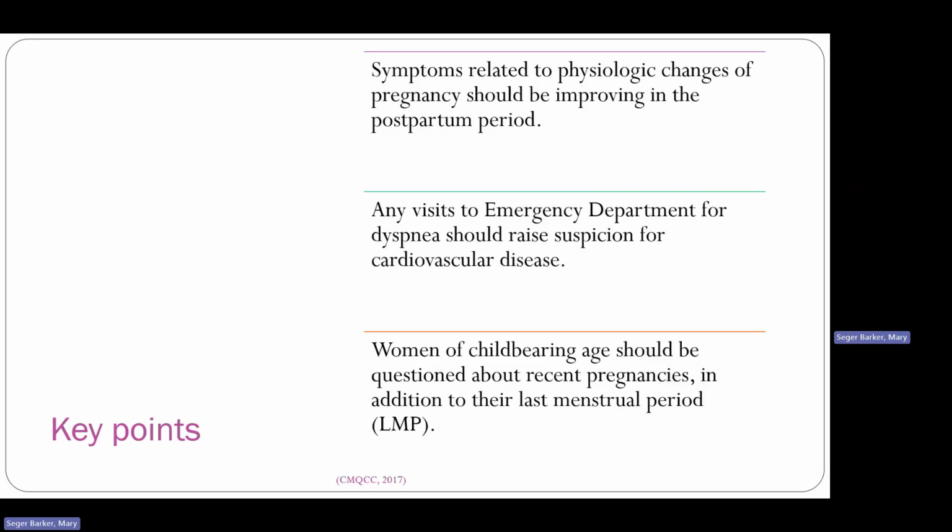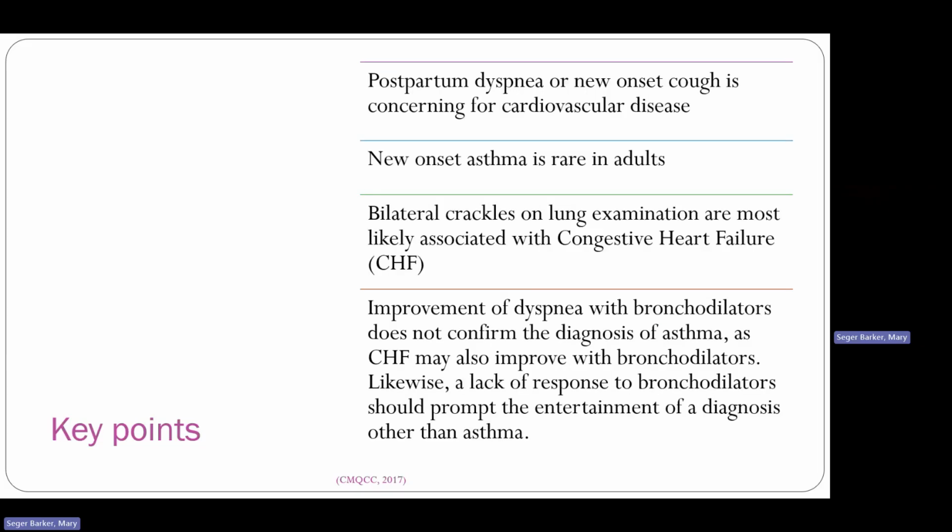Women of childbearing age should be questioned about recent pregnancies in addition to their last menstrual period. Postpartum dyspnea or shortness of breath or new onset of cough is concerning for cardiovascular disease. New onset of asthma is rare in adults. Bilateral crackles on lung examination are most likely associated with congestive heart failure.